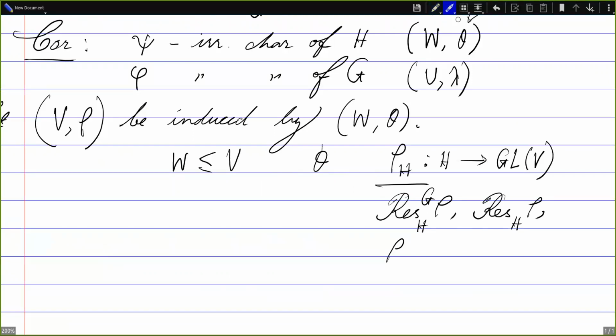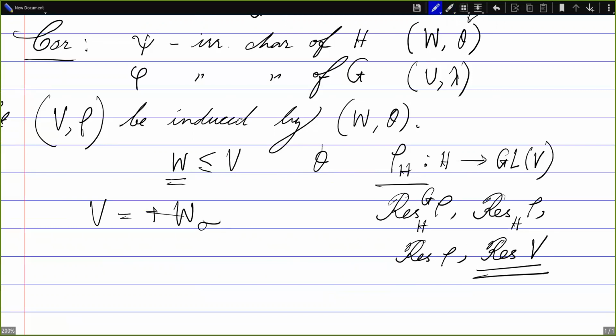So then we can also write this by any of this, and maybe also res V. So this one shows that the space is V itself, but the group has been restricted.